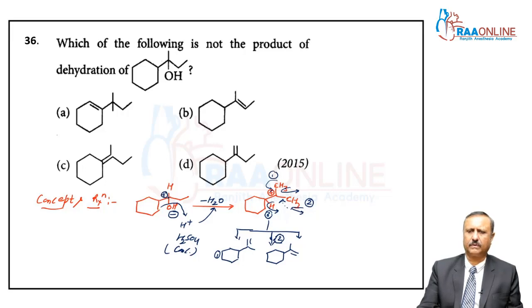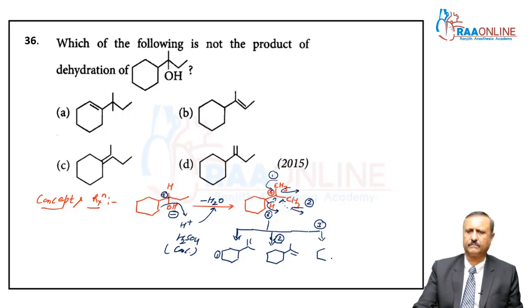Here this is the number 1 compound. And when we see the third hydrogen atom is replaced here, then the bond goes between the carbon and carbon, so this double bond is formed.